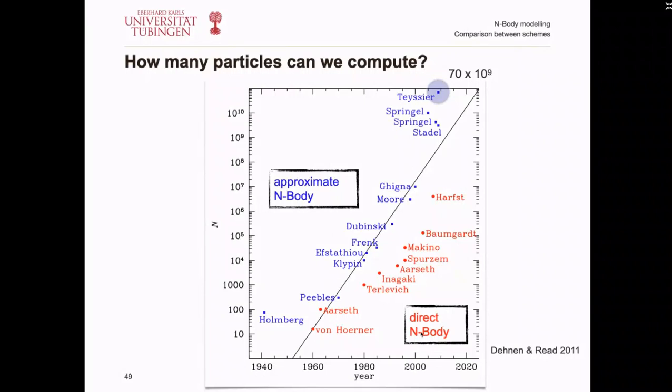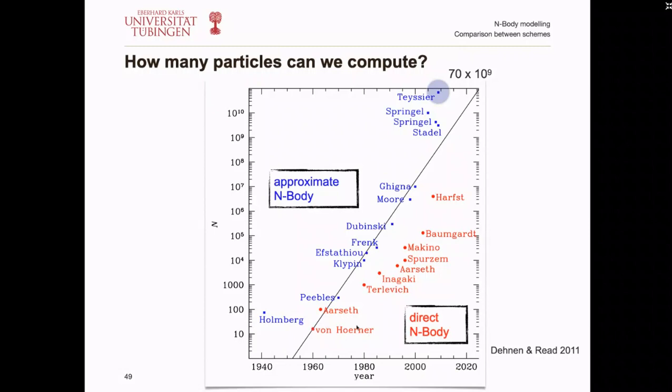And the red points are direct n-body methods. And you see here over the years, the number of particles that we have been able to compute to calculate the gravitational force. This started all with von Hörner here in 1960.